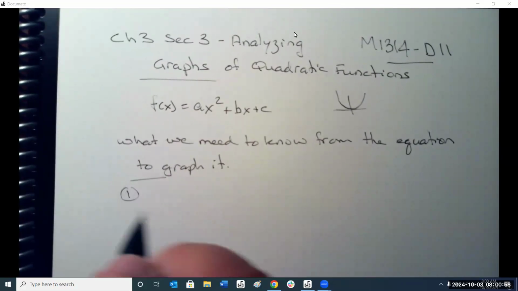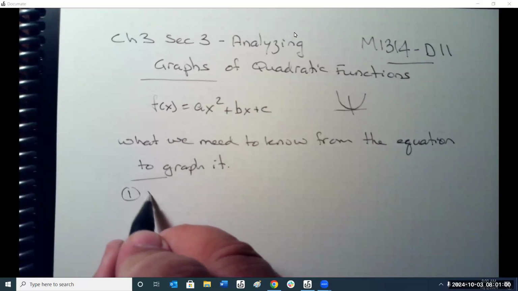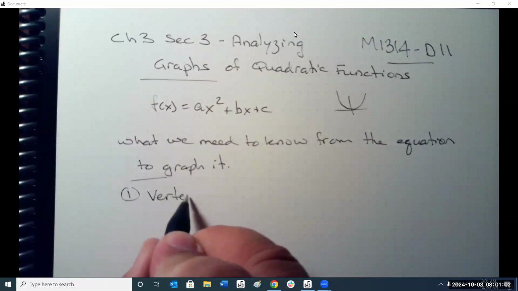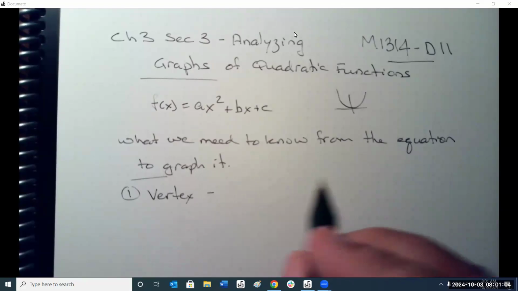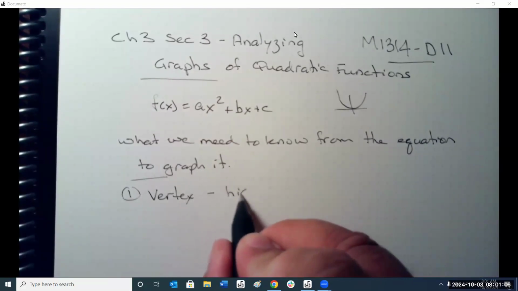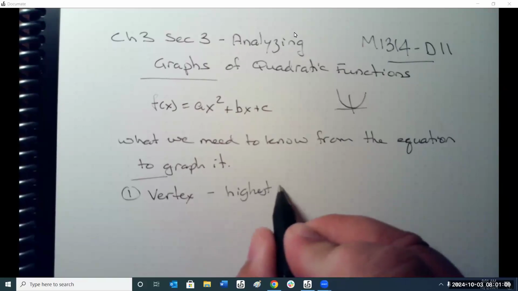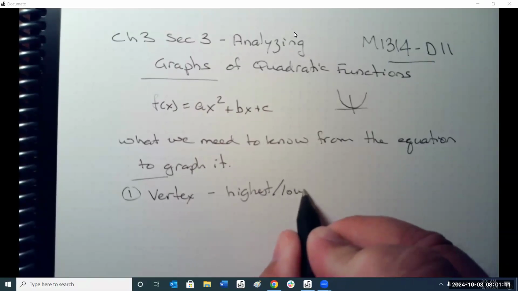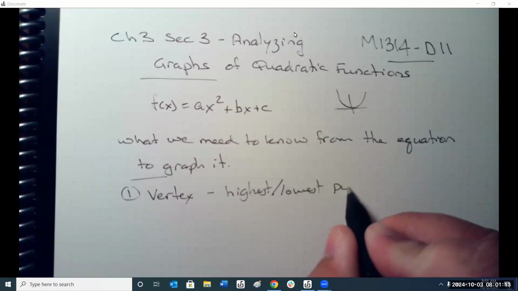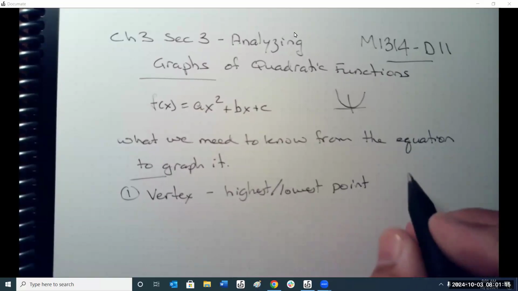First thing, we need to know what's called the vertex. The vertex is the highest or lowest point on the curve.